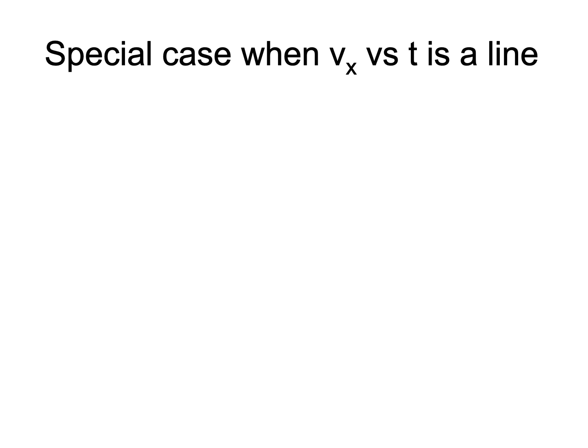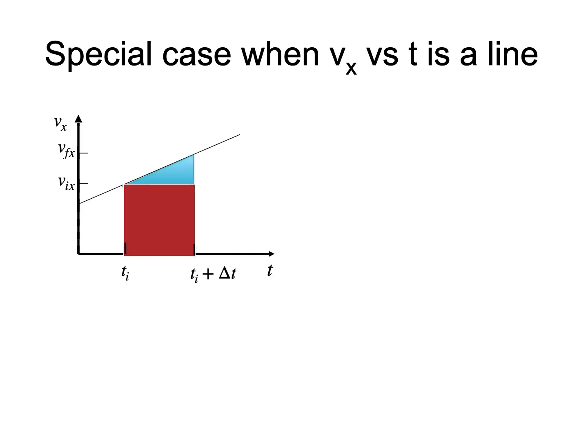The case where the x component of velocity has a linear relationship with time will have a special place in the next lectures. A car speeding up at a constant rate would be an example of such a situation. As discussed before, the area underneath the curve is the x component of the displacement of the object for the interval from Ti to Tf.